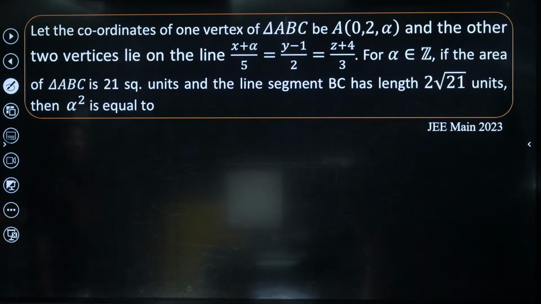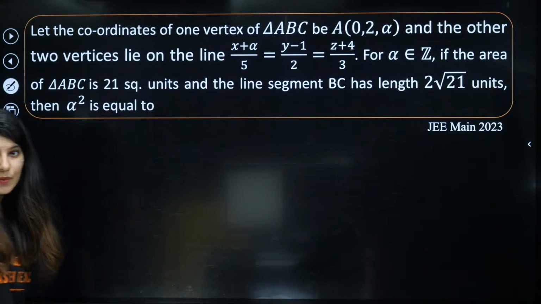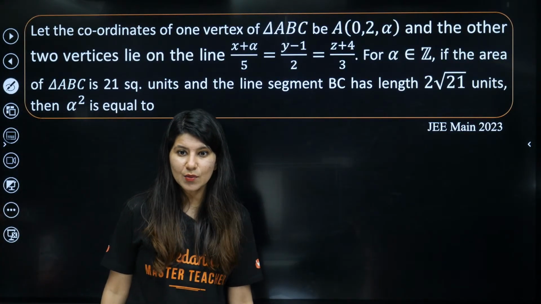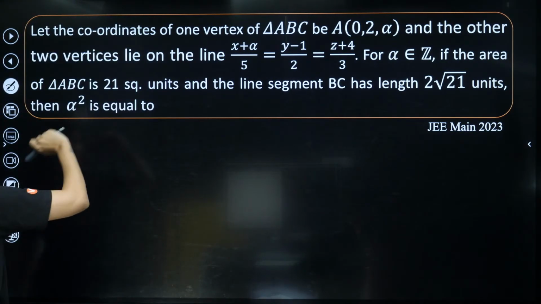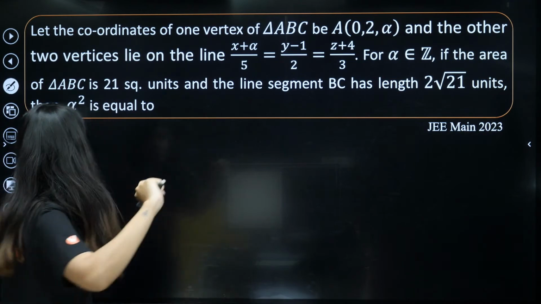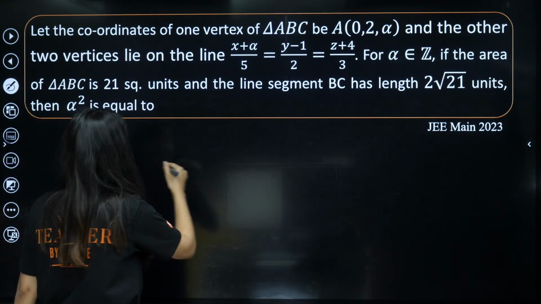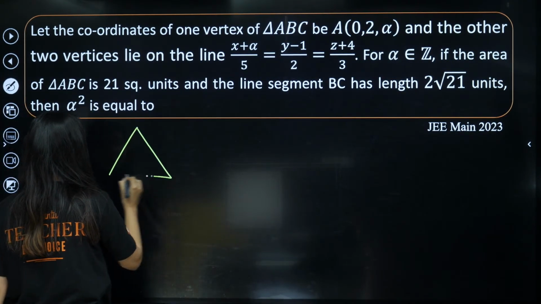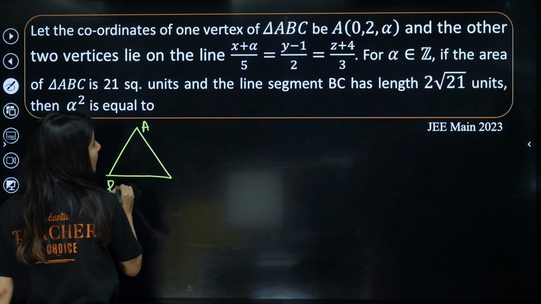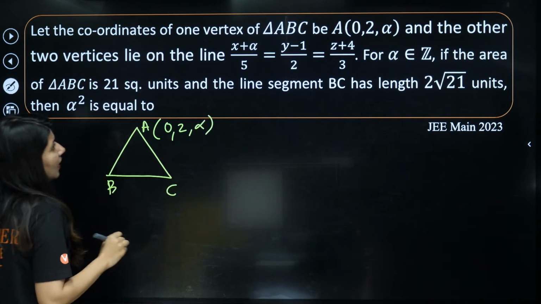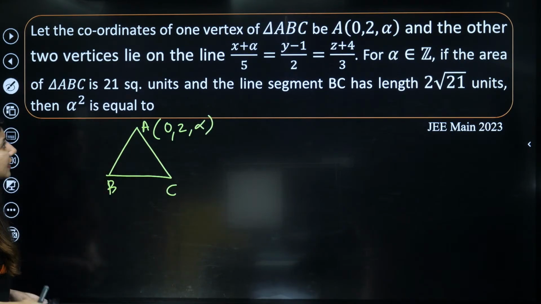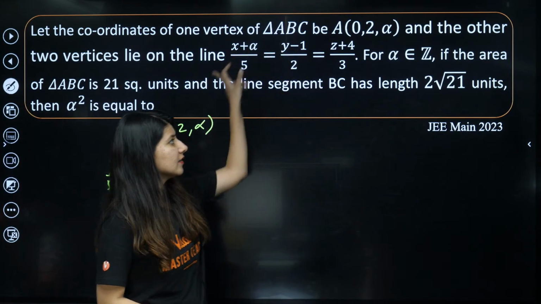Another question on your screen, and guys, this is the last question of the day. I will give you some time to solve this question. The question says: there is a triangle ABC where the coordinates of A are (0, alpha), and the other two vertices lie on this line.